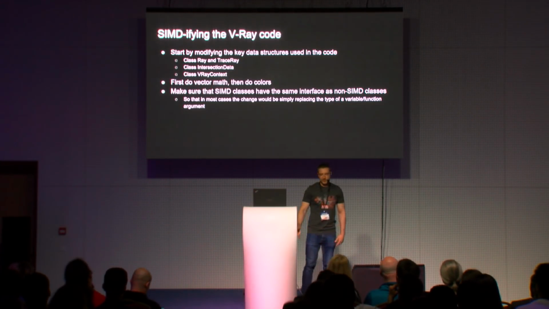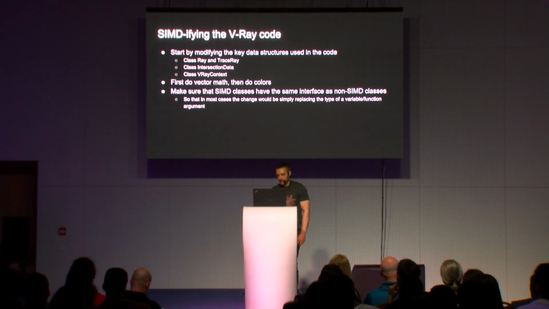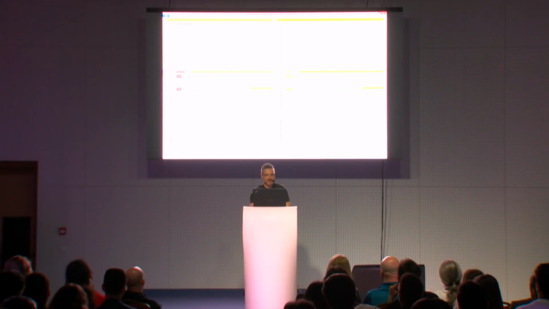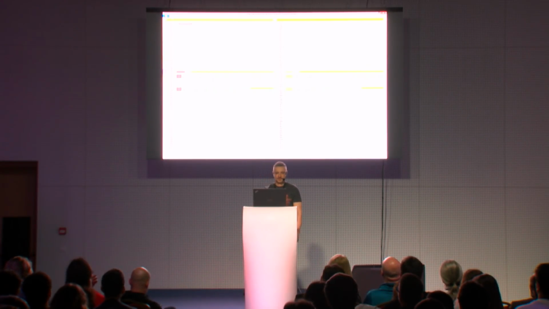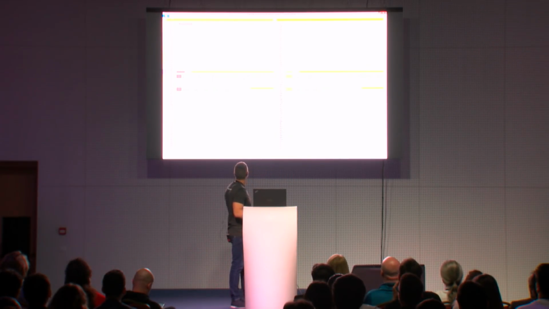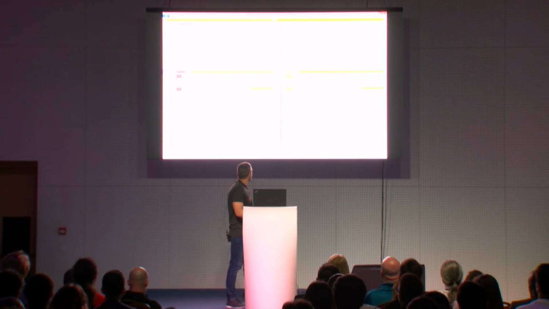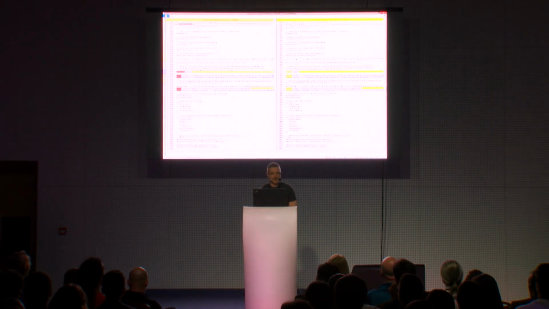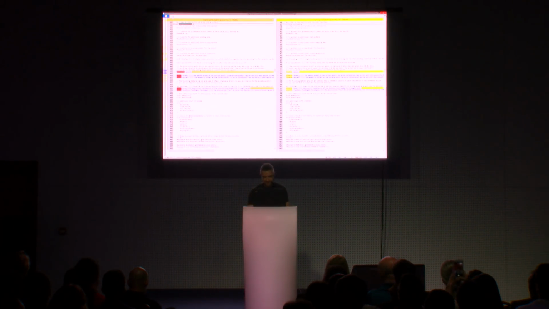So usually I would just have to change the type of a variable or a method argument, and it would all hopefully work automatically. So a change would look as innocent as this. You just change 5 lines of code, converting some structure member from a vector to a SIMD version of this vector, and then you break everything and nothing compiles.